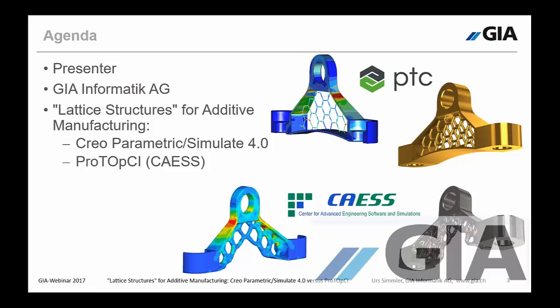Then we are going to have a little overview about the tool from CAESS. This is, let's say, real topology optimization, and let's see the advantages and disadvantages of those two capabilities.